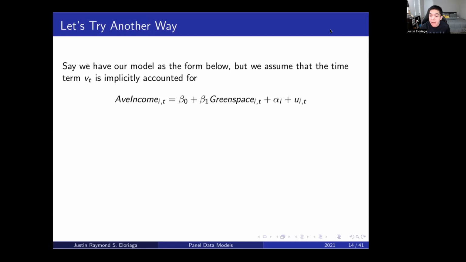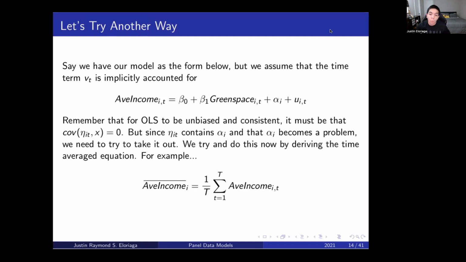So say we have, again, our model in the form below. Assume that we implicitly account for that VT term. Then one way for us to try to eliminate that alpha I term is to use what we call means or demeaning, to be specific.